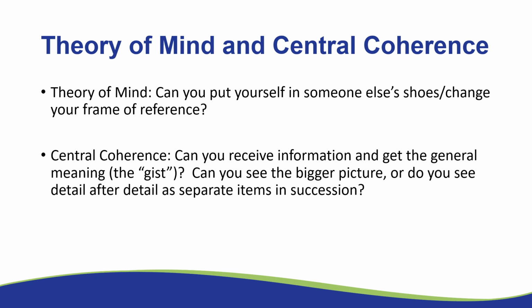Another piece of the autism picture, which isn't really talked about too much in the diagnostic statistical manual, but is a big piece of the thinking process, is that there are certain deficits in the theory of mind. So theory of mind is when you're able to suppose what somebody else might be thinking or feeling in that setting.